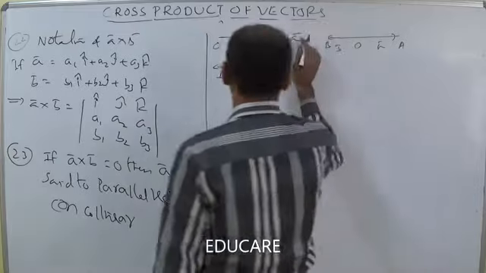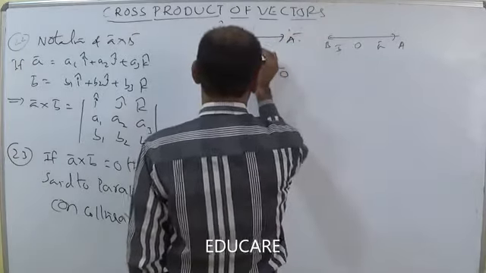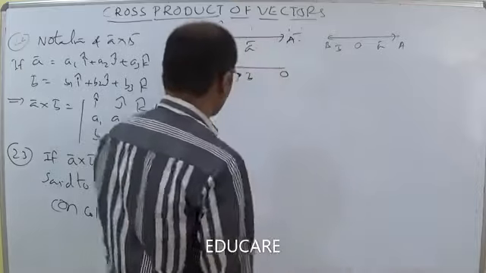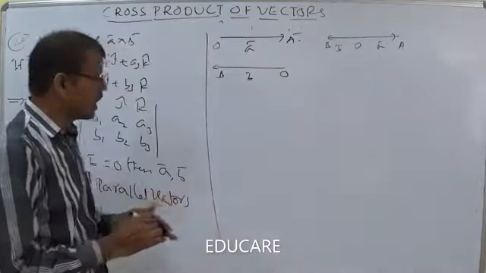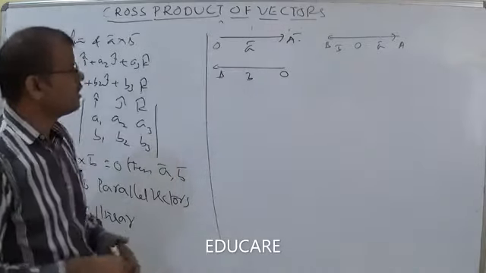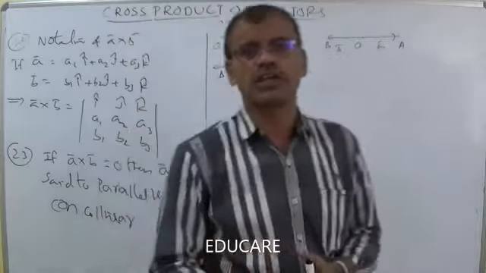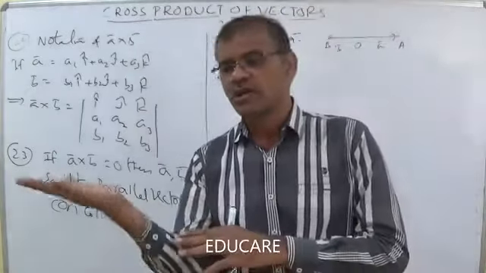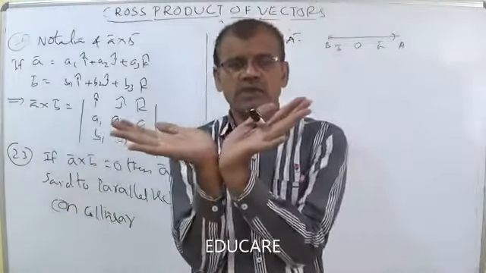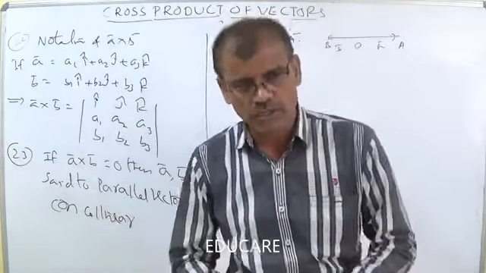So what is the angle between OA and OB? There is no angle because they are parallel. Whenever the two vectors are parallel or collinear, the angle should be on the x-axis itself, so the angle should be 0 or 180.